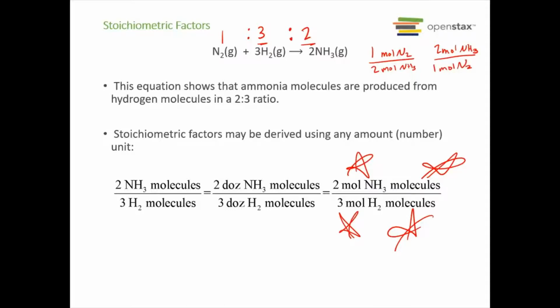We can say 1 mole of N2 per 3 moles of H2, or 3 moles of H2 per 1 mole of N2. And then we did ammonia and hydrogen already, or we could write that as 3 moles of H2 per 2 moles of NH3. And how you write your factor all depends on what you're trying to calculate and cancel. That determines what goes on top and what goes on bottom.